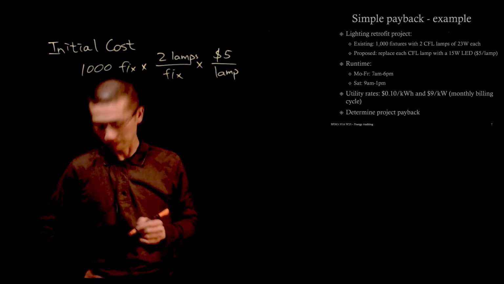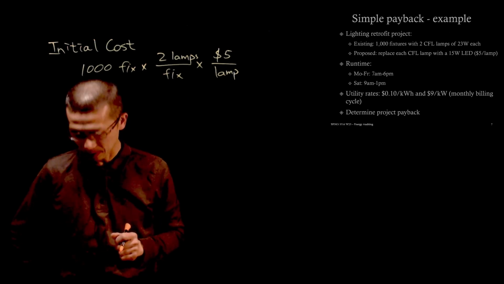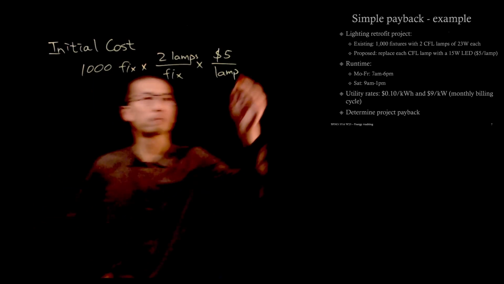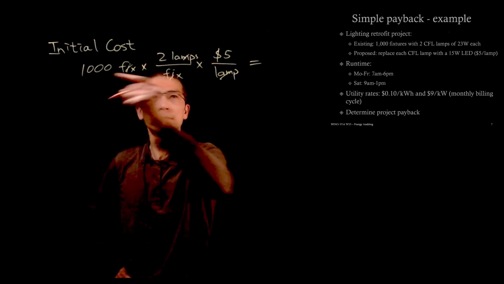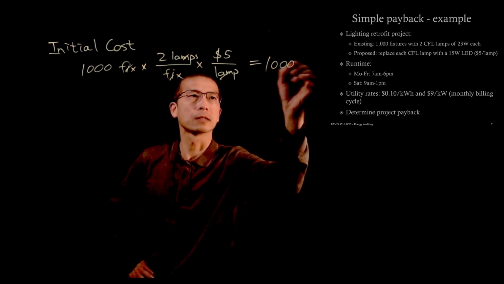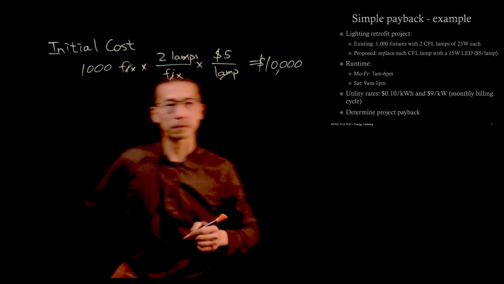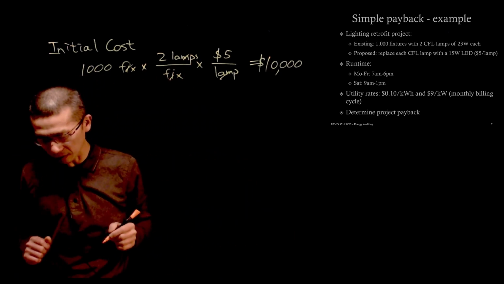Okay. So what's the cost? Lamp, fixture, dollar amount: 10, 1,000, 10,000. So the initial cost is $10,000.